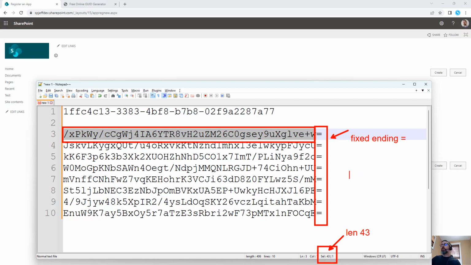And the character set would include upper, lower, numeric, and a plus symbol and a slash. Those are the only characters I actually see being used. So what does that give us as far as the probability of uniqueness or how challenging it would be to guess? A 43 length string, upper, lower, number, and 2 symbols.